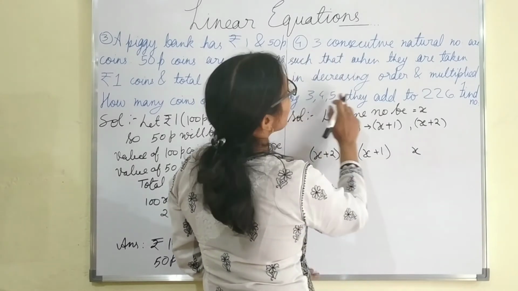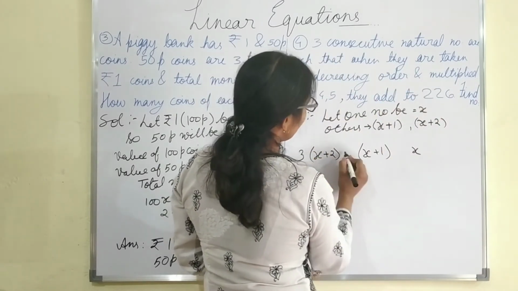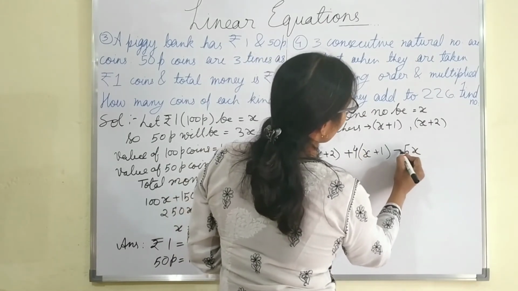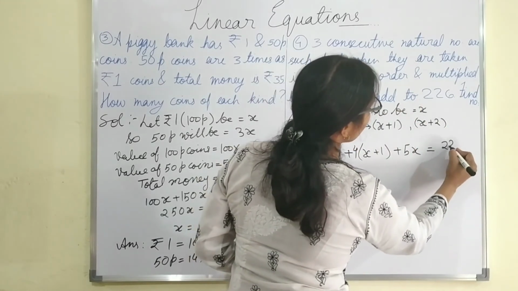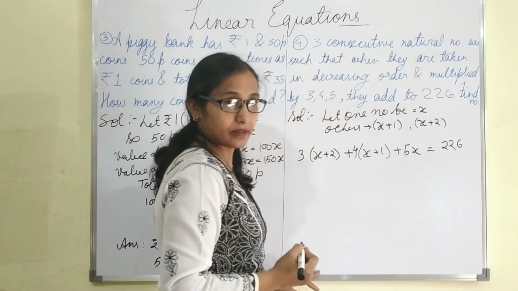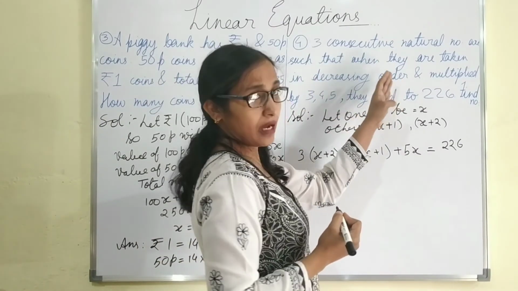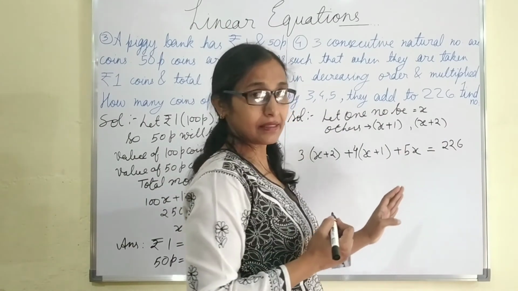Multiplied by 3, 4, 5, they add up to 226. Whatever is given in the question, we have to solve according to that, step by step.